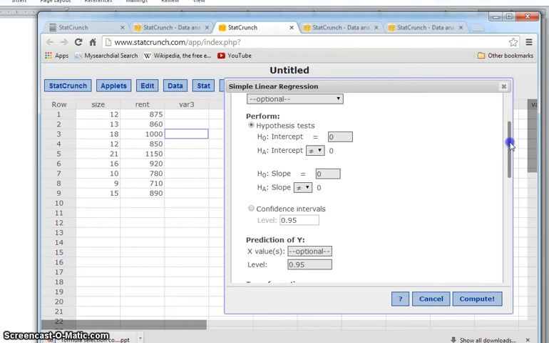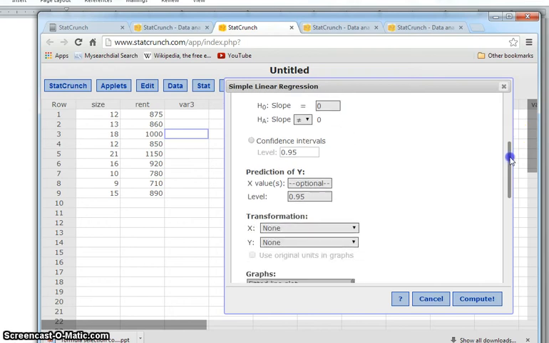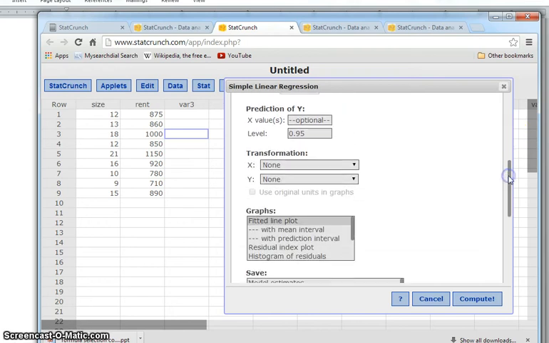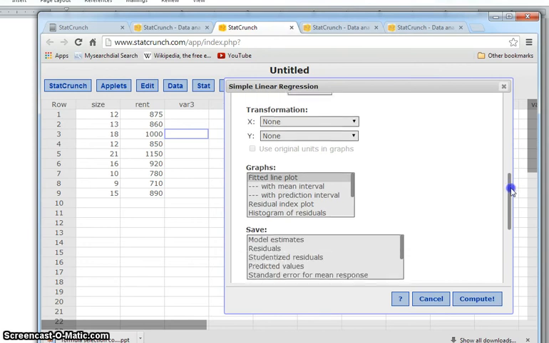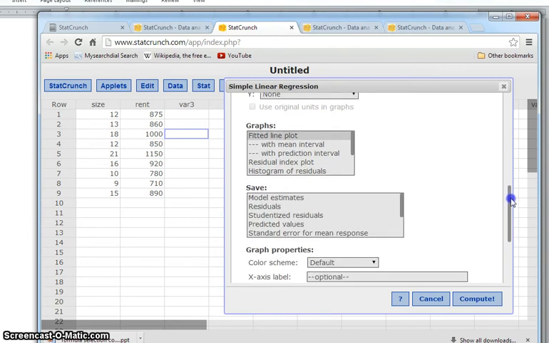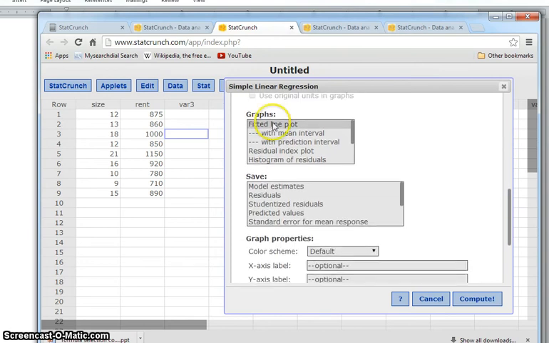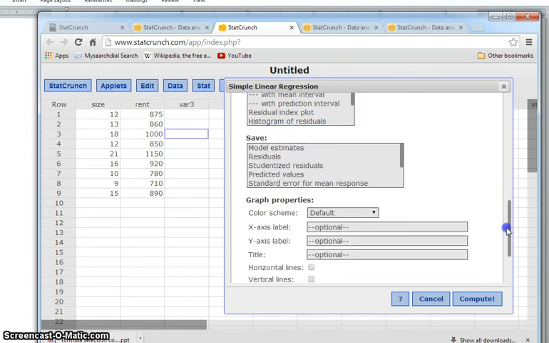Remember, testing the slope is the same as testing the correlation. You can here, if you want to, do a prediction where X equals 11. You don't have to do that. You could just do it the other way we talked about. Do a fitted line plot under graph, and then that's all we need.